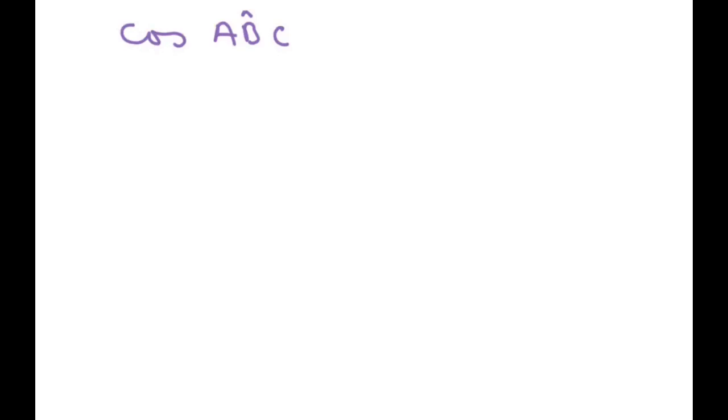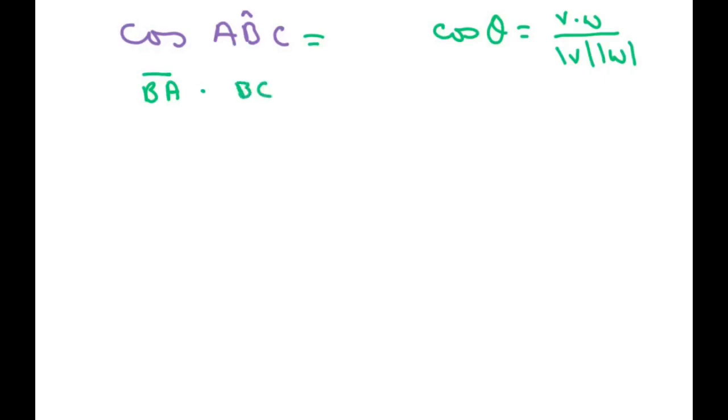So we're just going to use the formula cos of theta equals V dot W over the magnitude of V times the magnitude of W. Okay, so this equals BA dot BC over the magnitude of BA times the magnitude of BC.